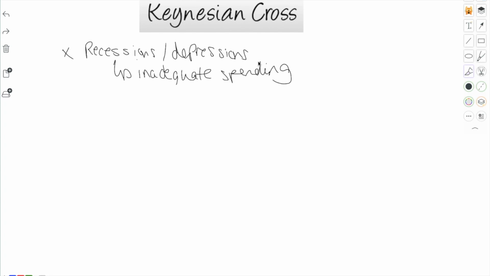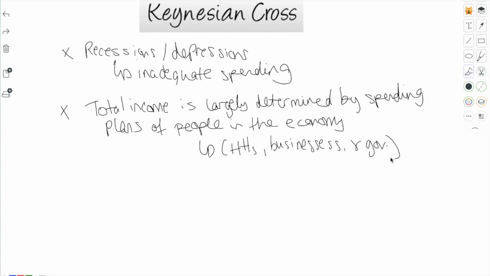And therefore, the whole of Keynesian theory is based on this idea that total income or output is largely determined by the spending plans of people in the economy. So who do we have?